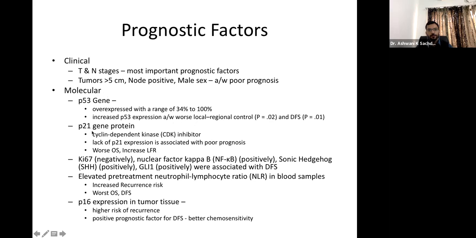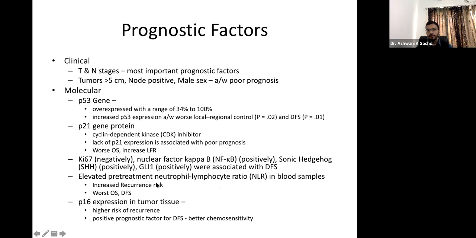If there is P21 gene lack of expression, then it is associated with poor prognosis and worse overall survival, increase in local failure rate. Ki67, if it is more, as we know, they are highly proliferative tumors, then it is associated with negative prognosis. And other factors like nuclear factor kappa B, sonic hedgehog, and GLI1 are positively associated with disease-free survival.